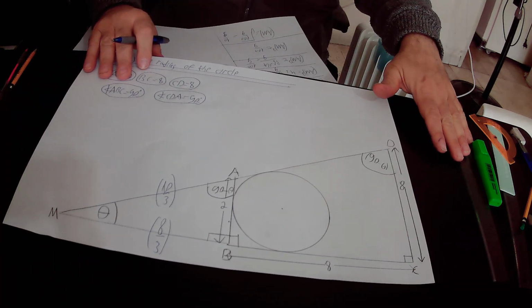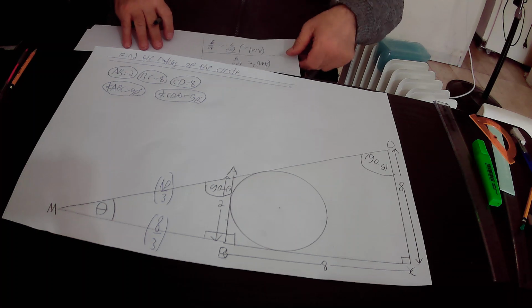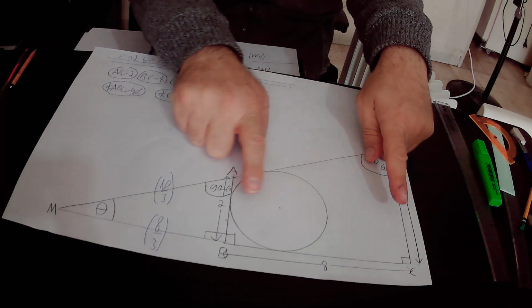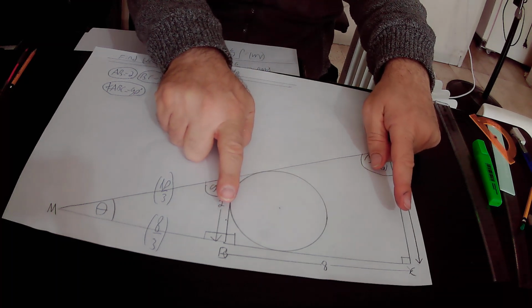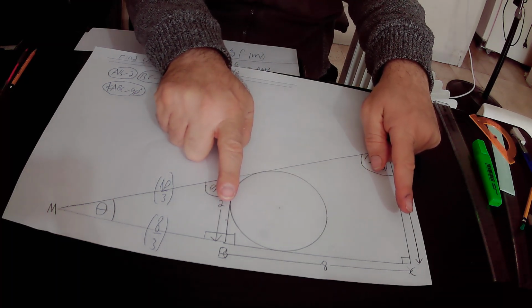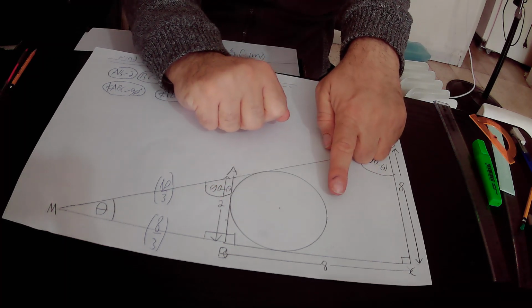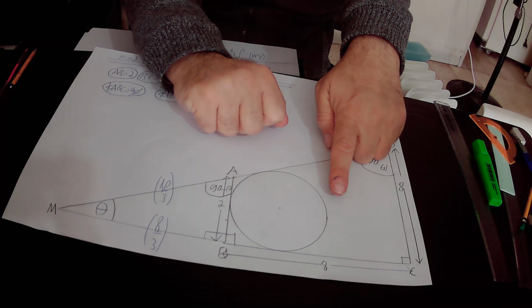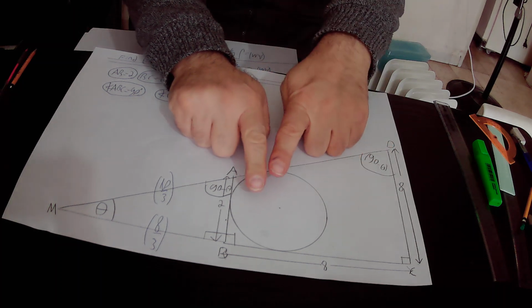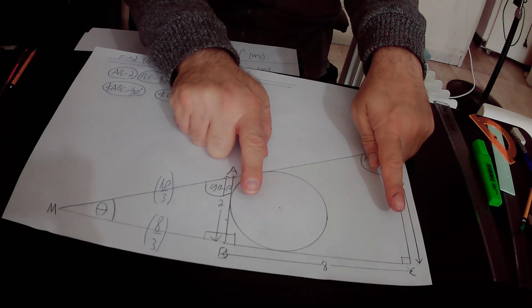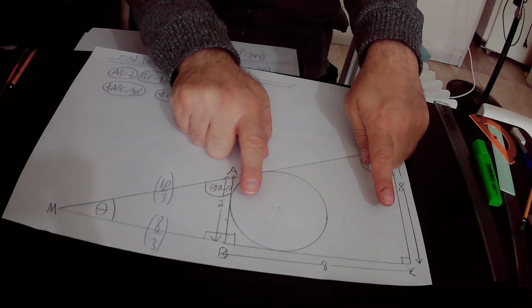In the next step, we will do another construction. That is to say, we will draw a perpendicular on side BC in such a way that the perpendicular on BC will also be tangent to this circle. It is absolutely possible because we have infinite points on BC. In each point we can draw a perpendicular.